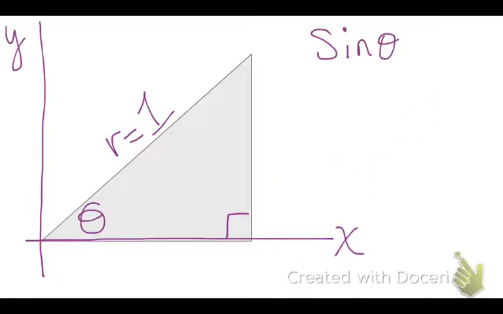Now let's take a look at sine theta. Just as a reminder, sine theta is the opposite side over the hypotenuse, and the opposite of theta is this side, the vertical side.